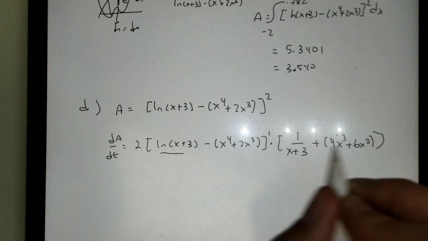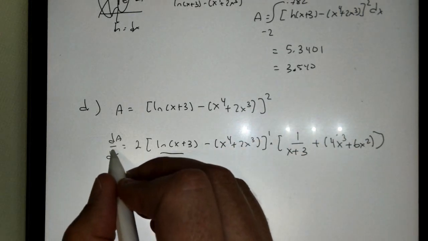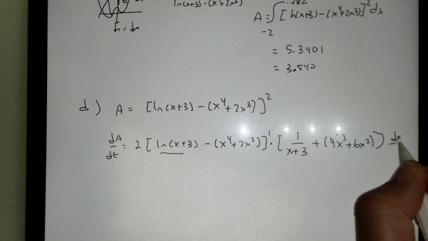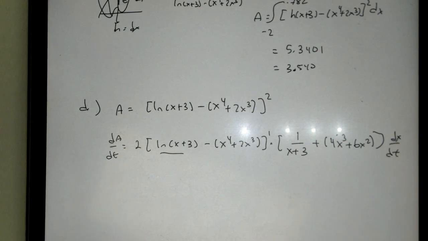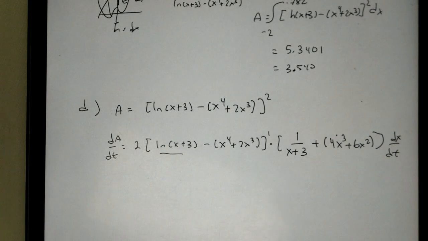Now be careful, this is implicit. We're taking the derivative with respect to t, so it's a related rate, so we multiply everything by dx/dt right there. And at this point we just type in everything.